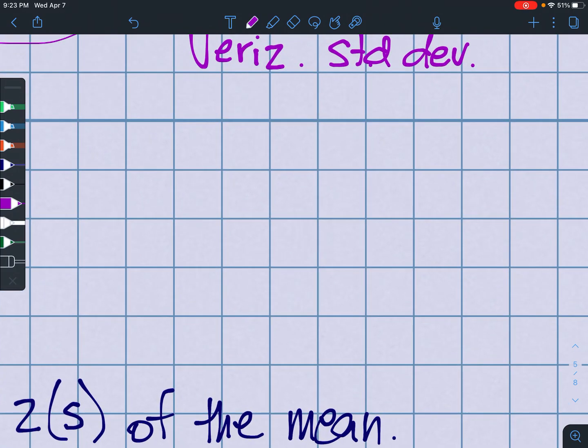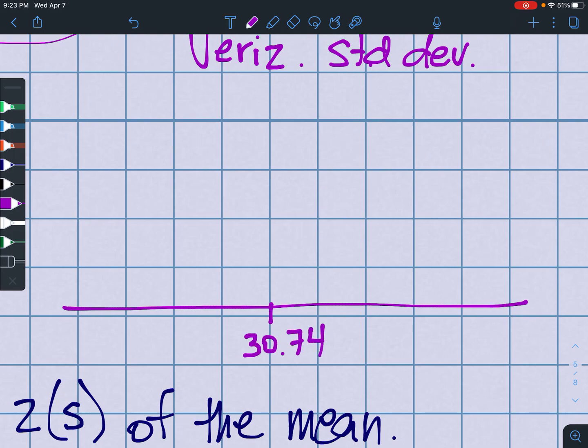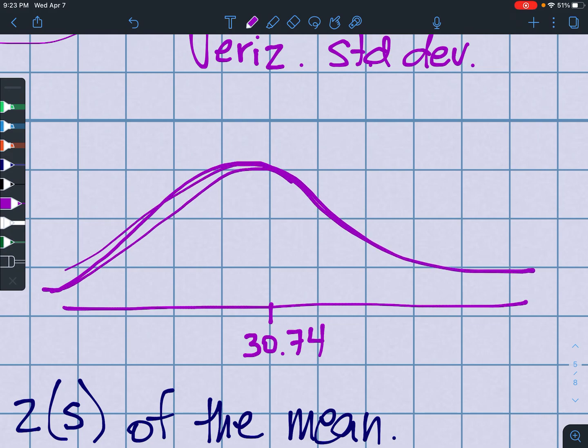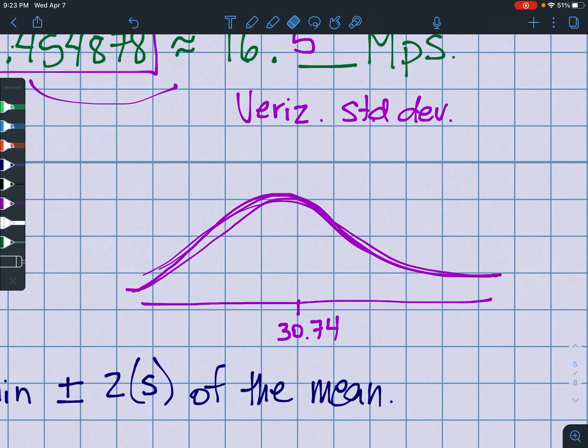Actually, it may help the next part for me just to draw it out. So why don't we go right below here. There's some space. So my mean is 30.74. So this is the average, think average, of my data set. We don't have a normal distribution, and we'll talk more about this in the future. It's actually probably irregular, but what the standard deviation allows me to do is think about if it were normal.